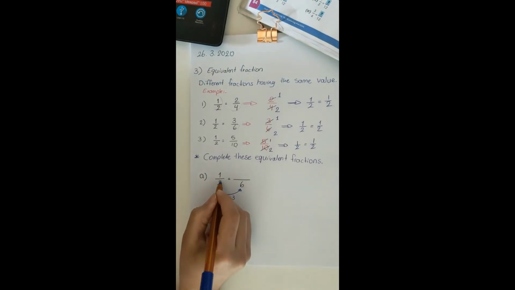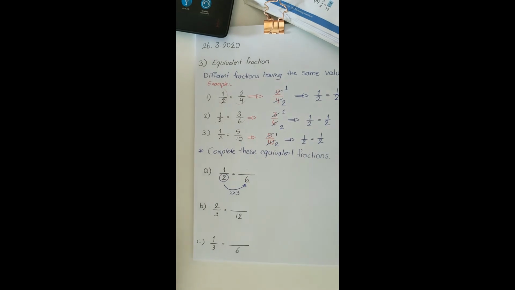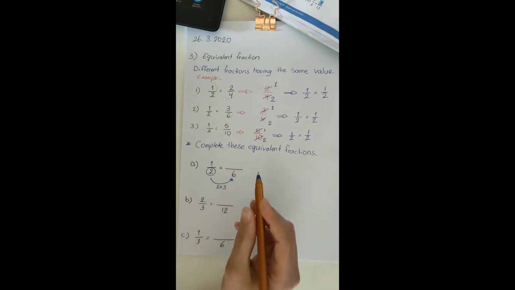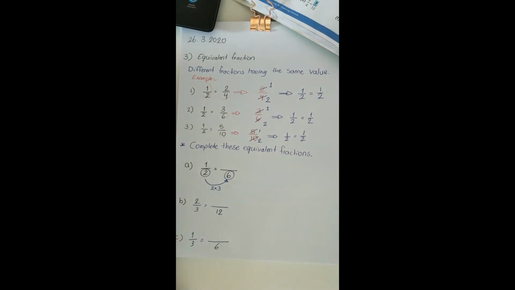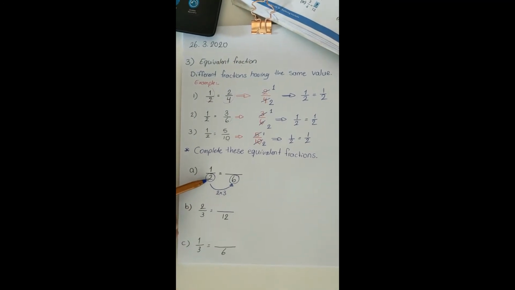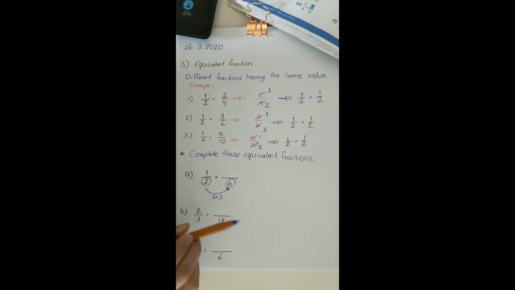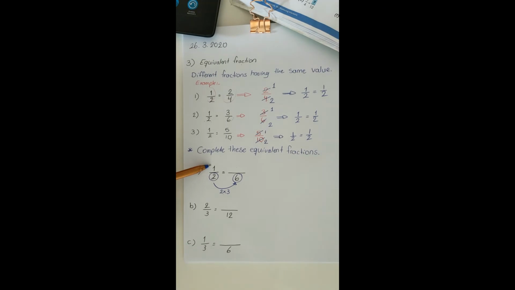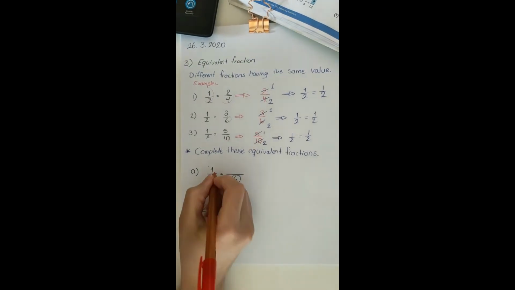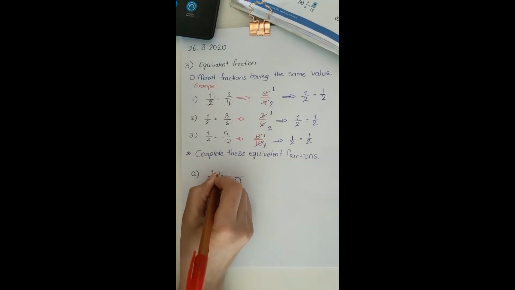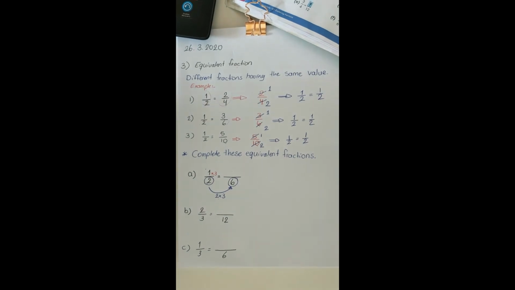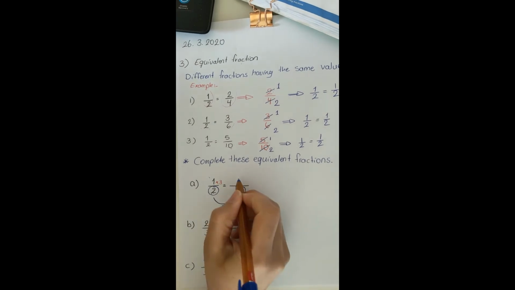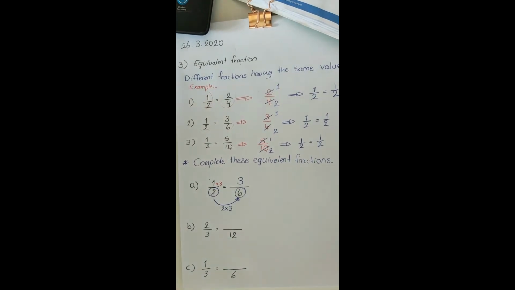So now, I multiplied the denominator of this fraction by 3 and I got 6. Because I multiplied this one by 3, I have to multiply the numerator by the same number. So I will multiply the numerator by 3. So 1 times 3 is 3.